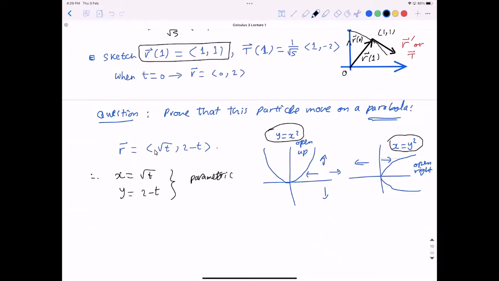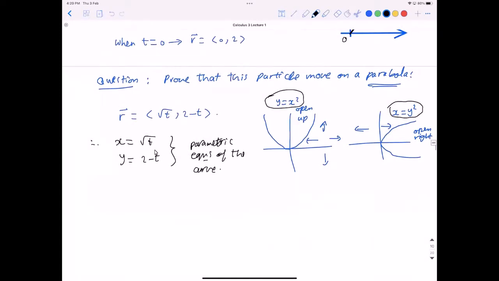These are called parametric equations of the curve, or the parametric equations of motion of the particle. Now we need to get x equal y squared or y equal x squared or similar forms without t.